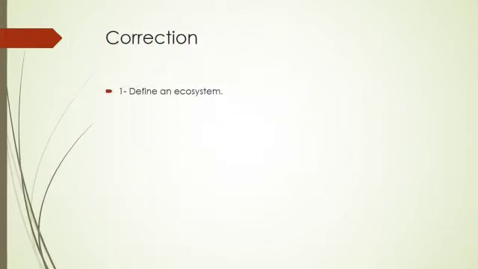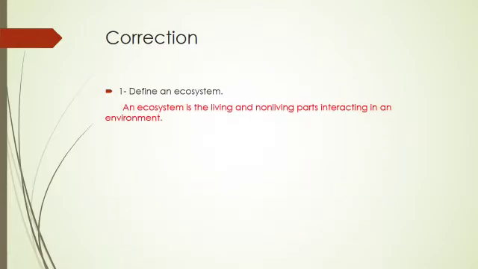Question number 1. Define an ecosystem. Or what is the meaning of the word ecosystem? An ecosystem is the living and non-living parts interacting in an environment. What is the meaning of the word interact? Interact means to act together.